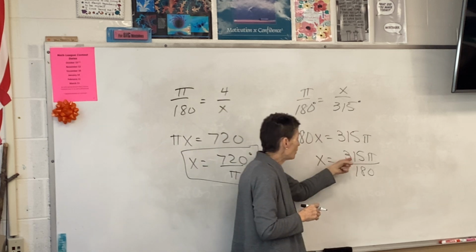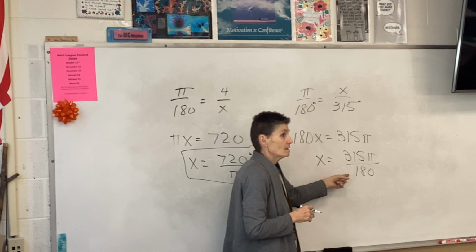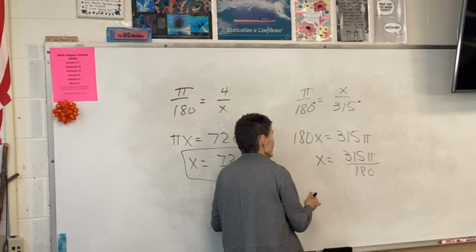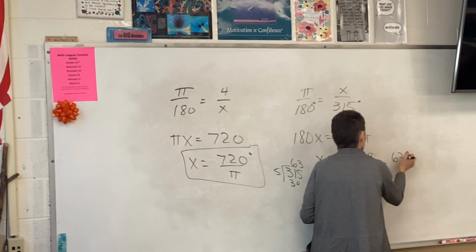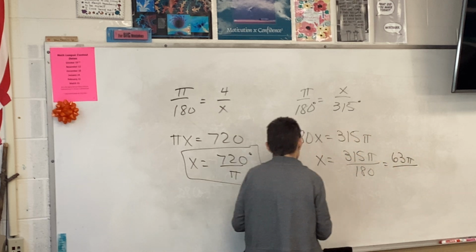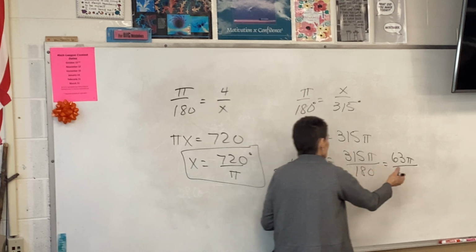But clearly, both of these are divisible by what? 5, right? So you'll have a baby calculator if you need it. But 315 divided by 5 is 63, and 180 divided by 5 is 36.